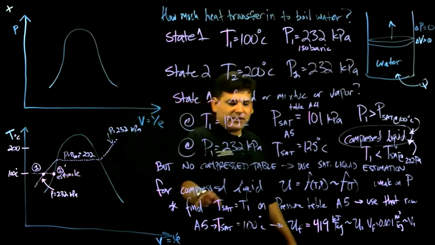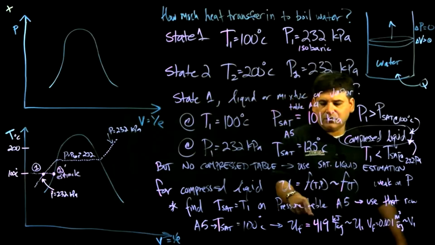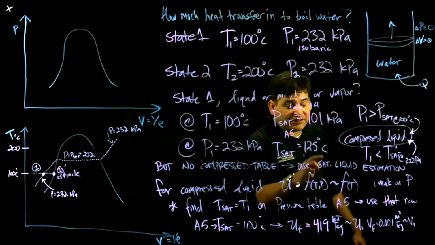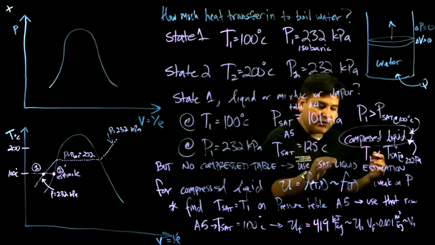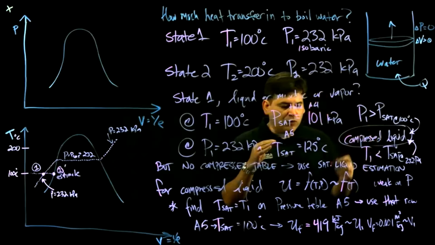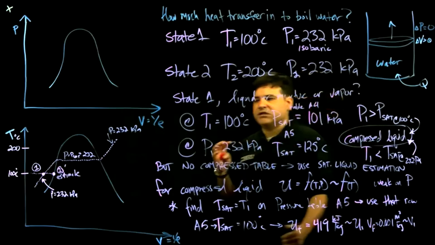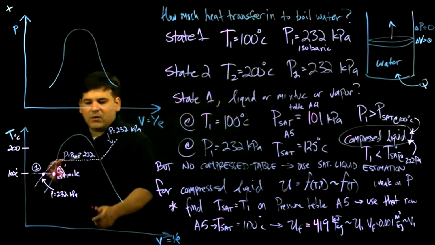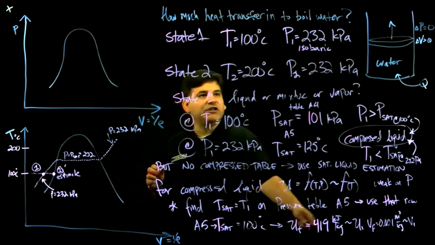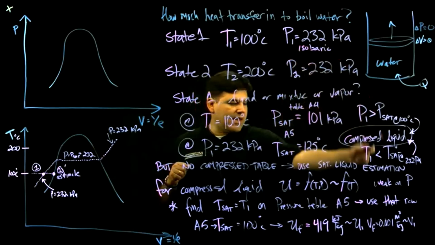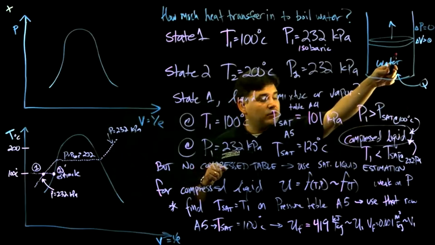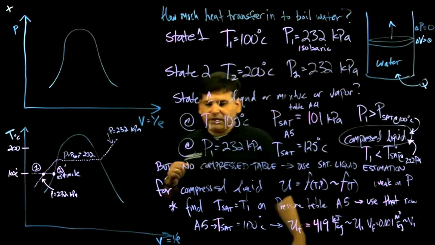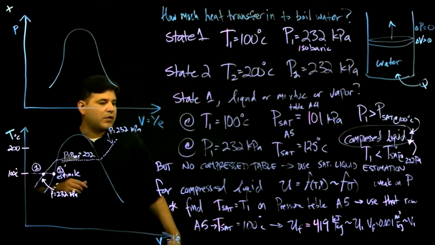That's what we just did. We use the saturated liquid table, meaning the saturated mixture table has both liquid and vapor, and we pulled from the F column, which is liquid. And now we know the internal energy at state 1 and the volume at state 1 by making this approximation.